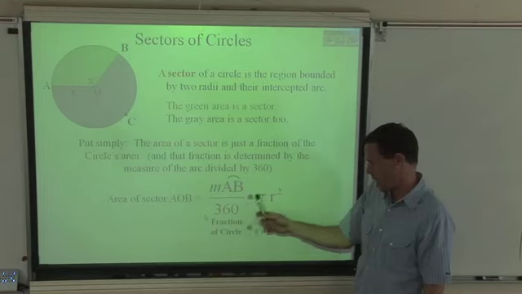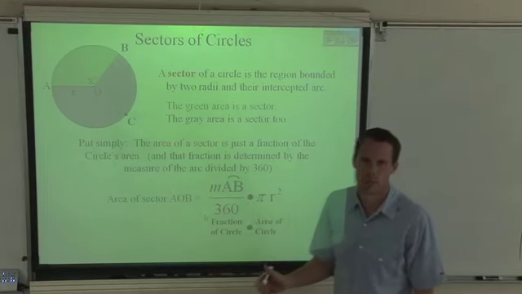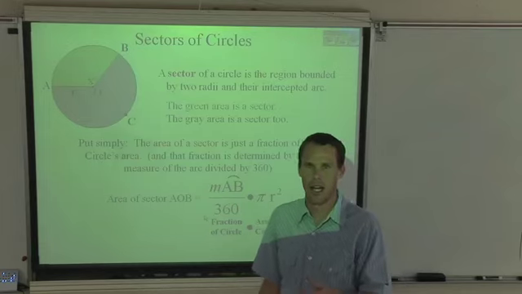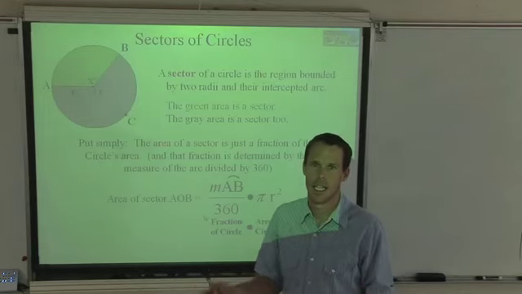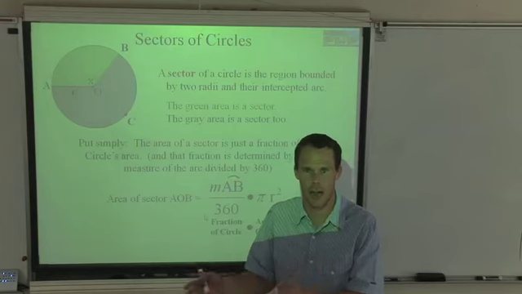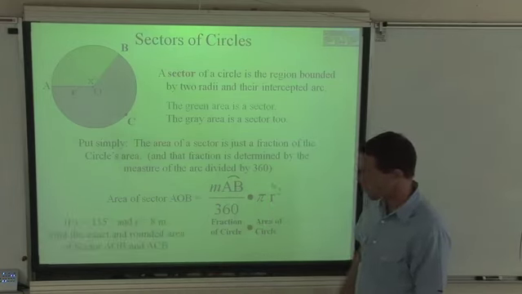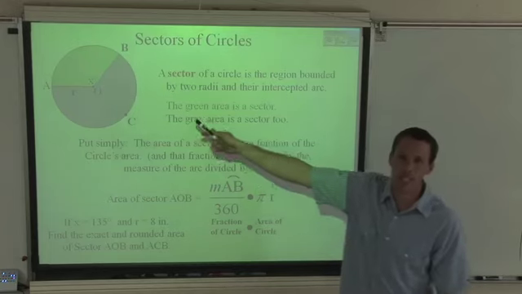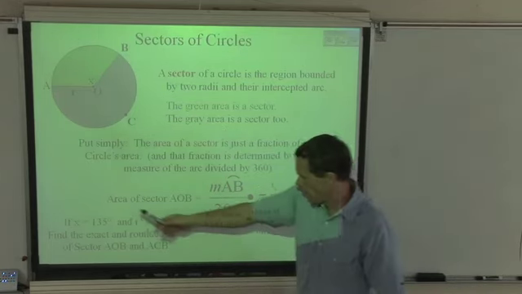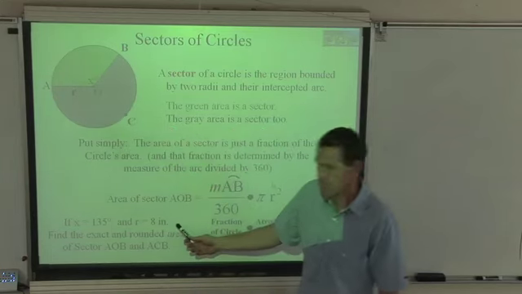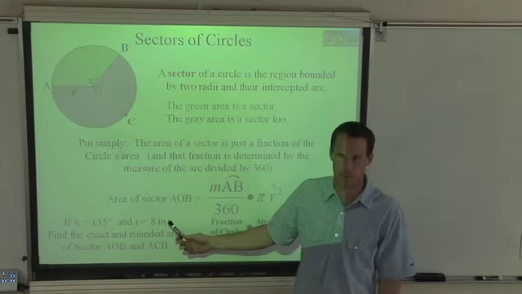Fraction times pi r squared. In our previous lesson, it was fraction times 2 pi r. That's arc length. This is now sector area: fraction times area. So what if we did this example here where x is equal to 135 degrees and the radius is going to be 8 inches.